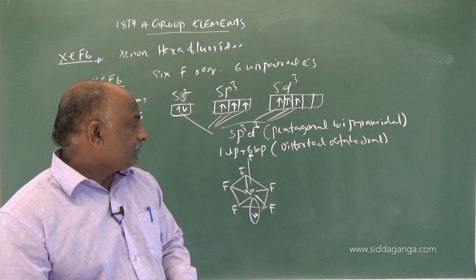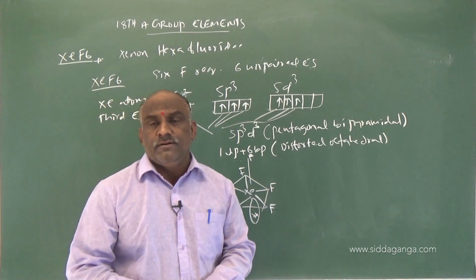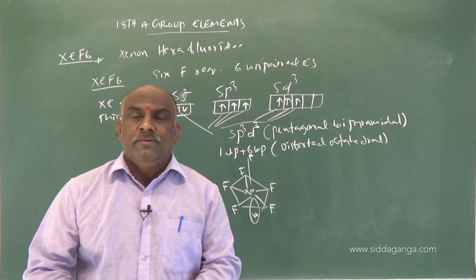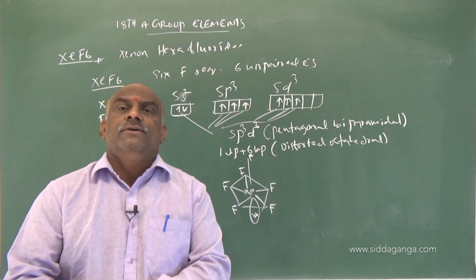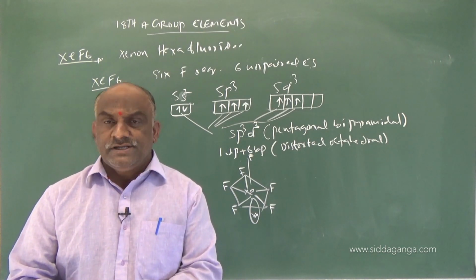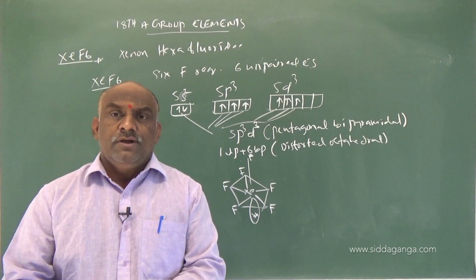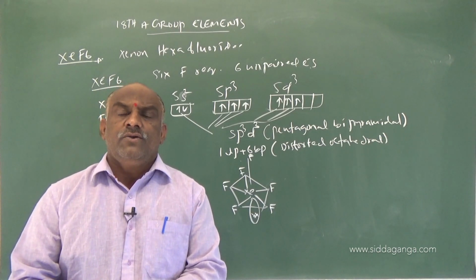So here you should remember, revise and practice. Then you will get an idea about these hybridizations and shapes of molecules, and according to the lone pairs and bond pairs only we have to find.